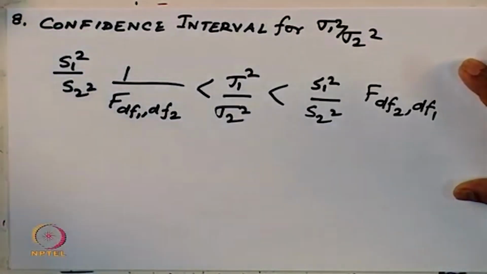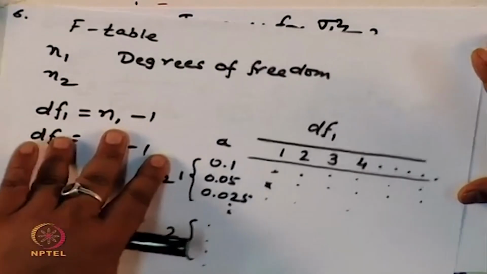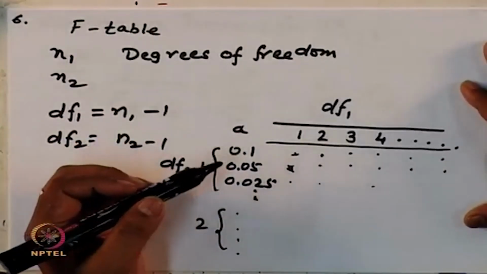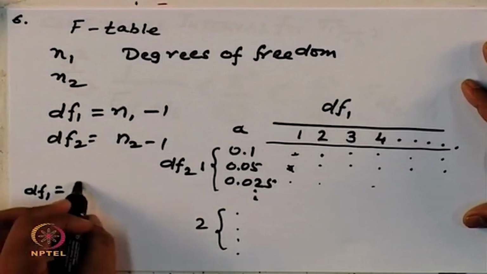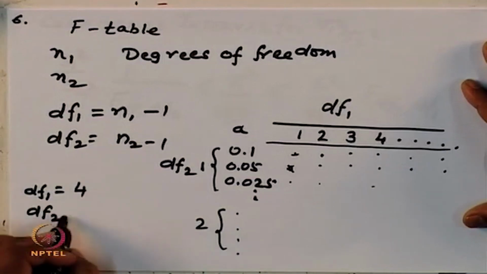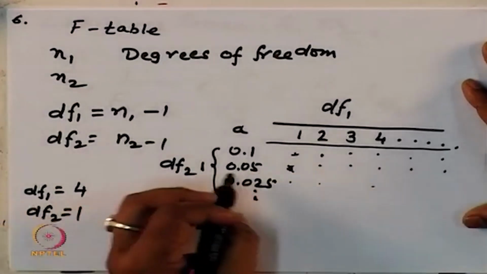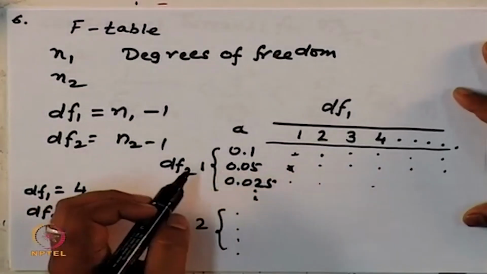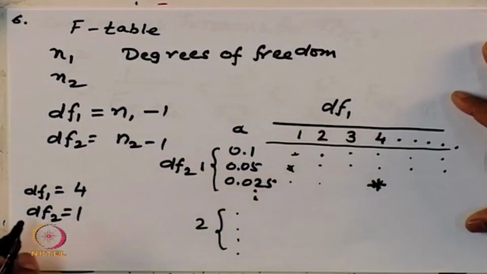If we go back to the table, let us say if my df1 was equal to 4 and df2 equal to 1. So, 4 comma 1 with a significance level of 0.05, and if I am doing a two tail test, this is the value I would be looking for.